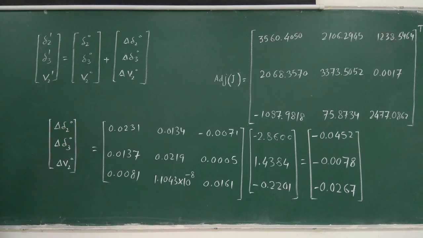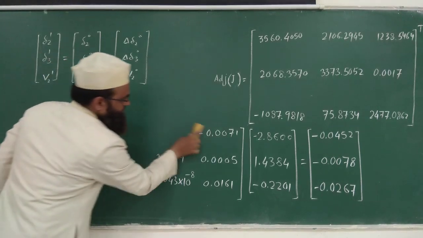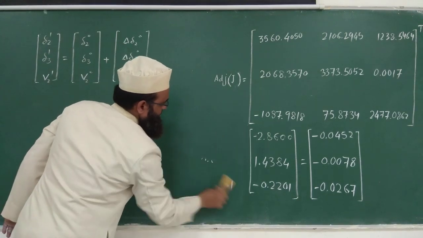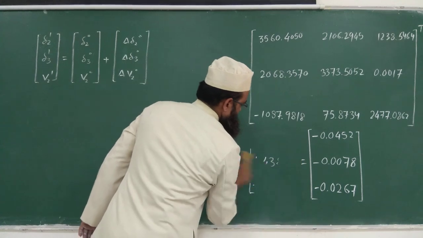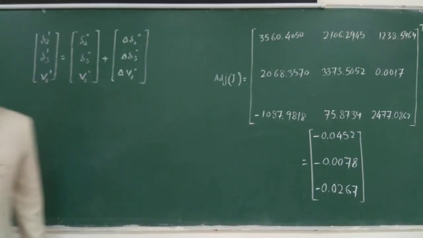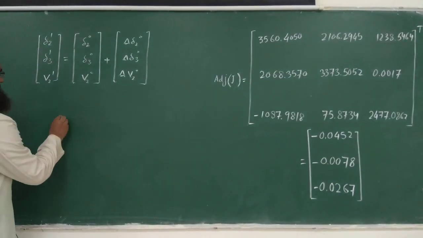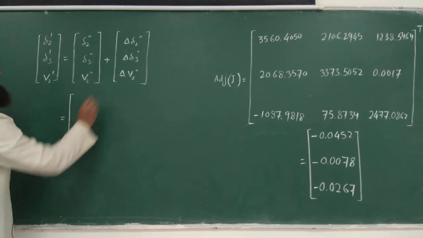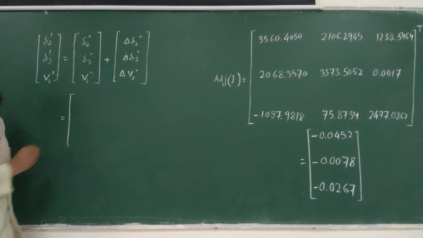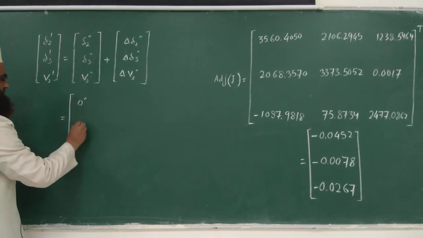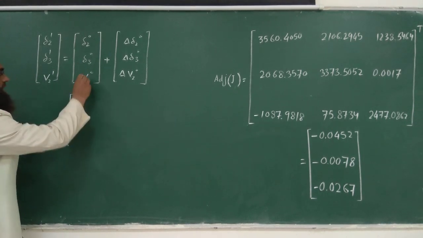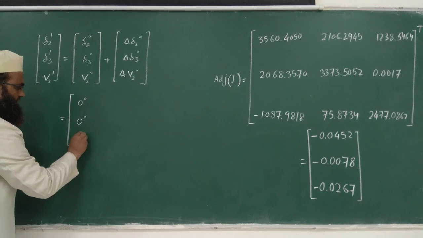So this way you may write this as, substitute the values. So initially assumed value of delta 20 was 0 degree and this also 0 degree and this was 1 per unit, isn't it?